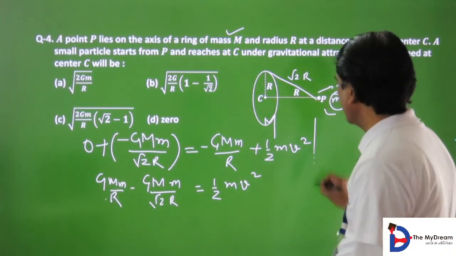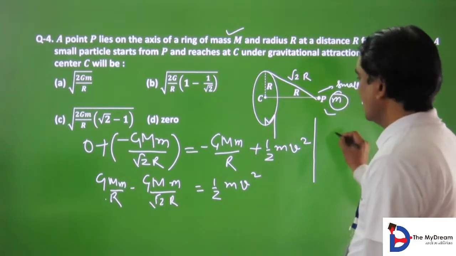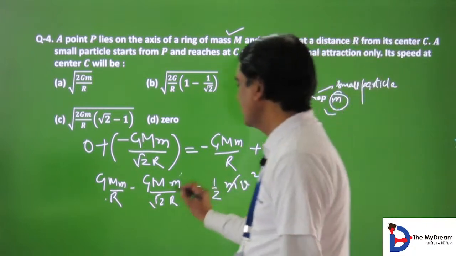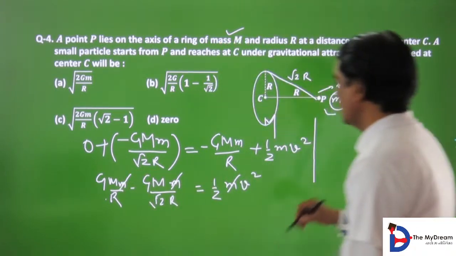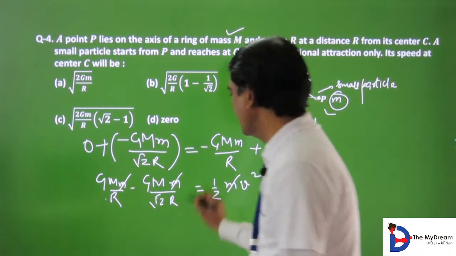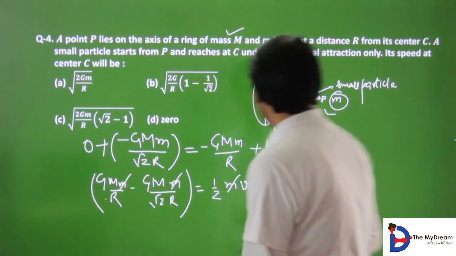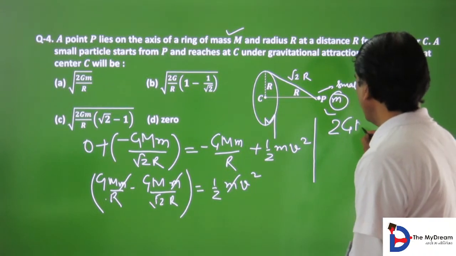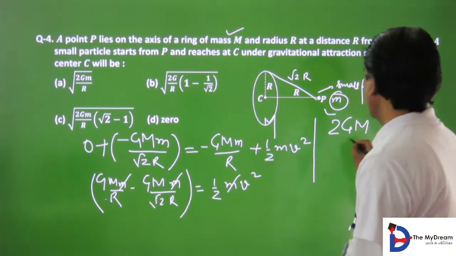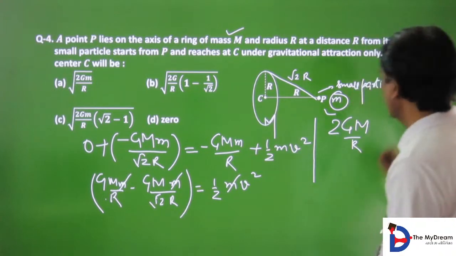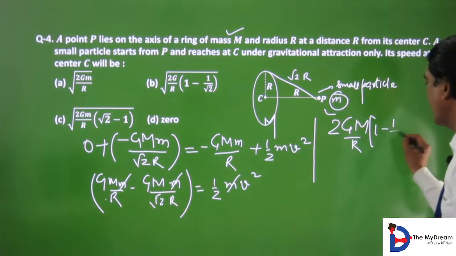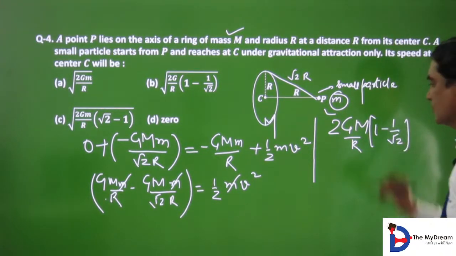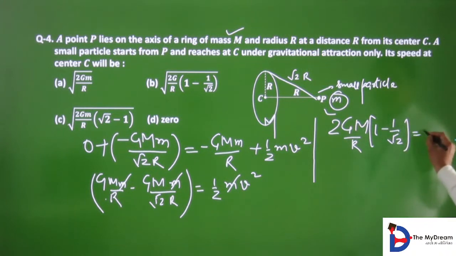Now you can take common, this m will cancel out, this 2 will move here, so it will be twice of G M by r, in bracket you can write 1 minus 1 by root 2, which is equal to v square.